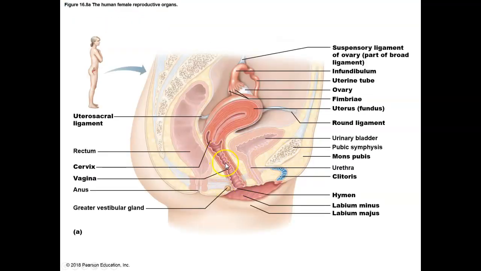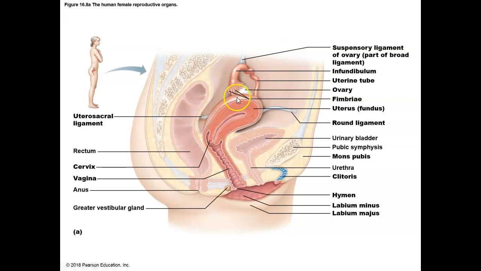And so here you can see that vaginal canal right here. And here you can see that uterosacral ligament, which is what I was looking for in the other picture. Apologies for not seeing it. Here's that vaginal canal. Here's the cervical canal, and then here is the uterus itself.